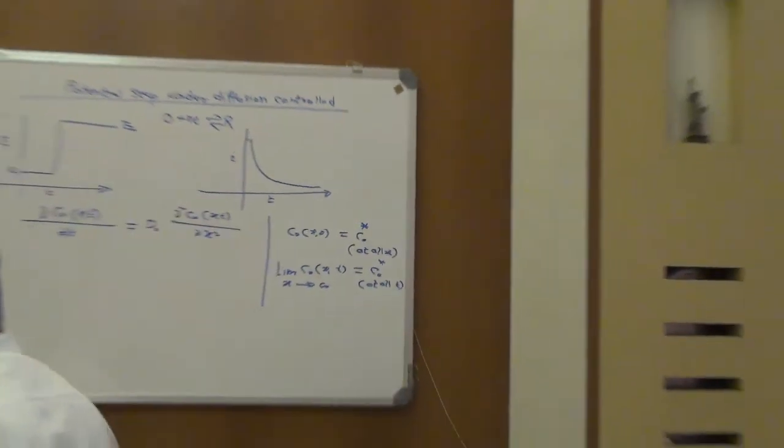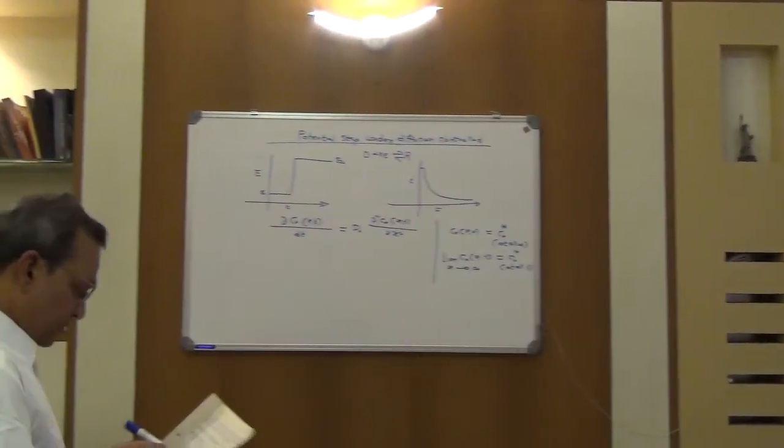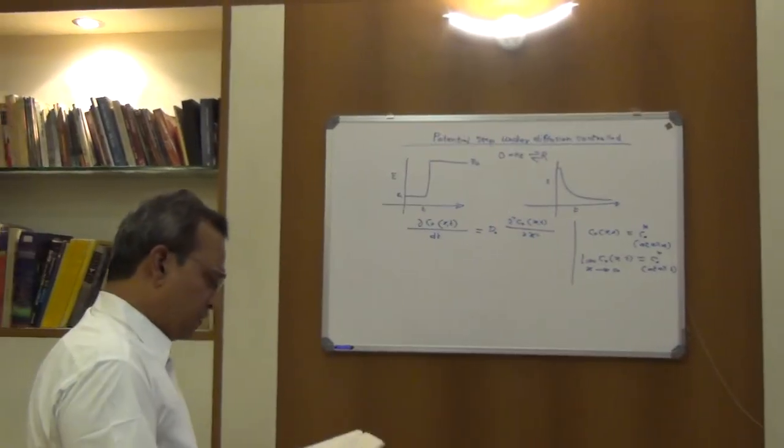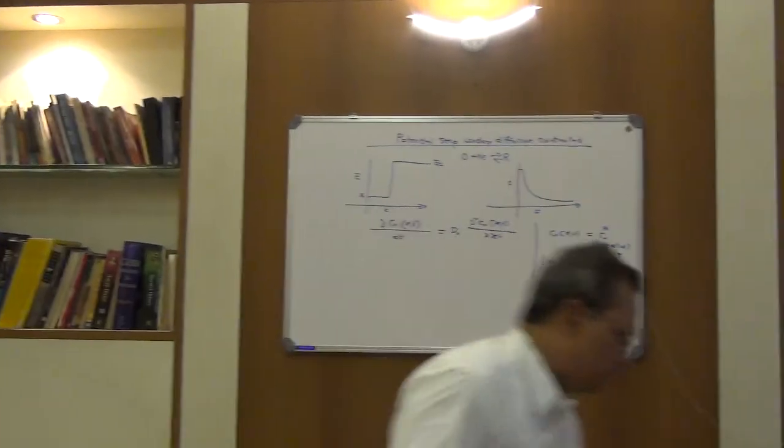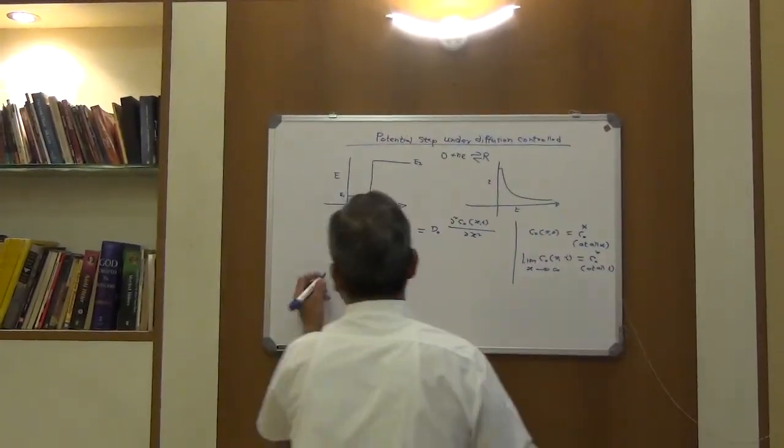Under these boundary conditions we solved the differential equation, and I am not going to solve it again; I already covered this part last time. The solution under these boundary conditions is this.